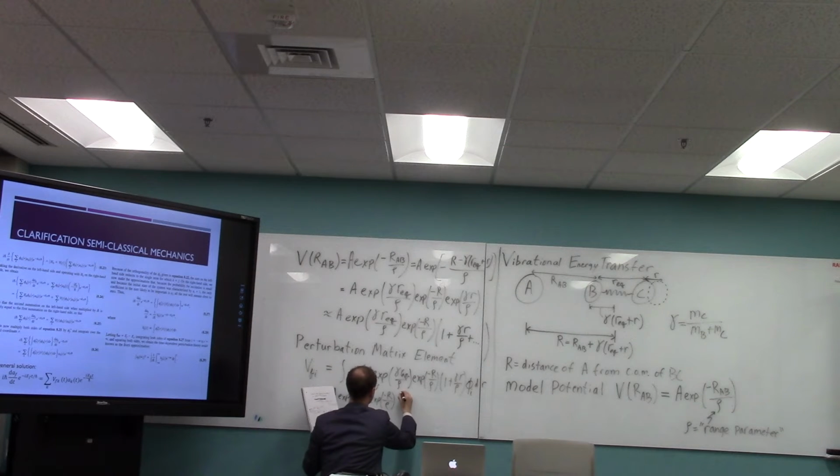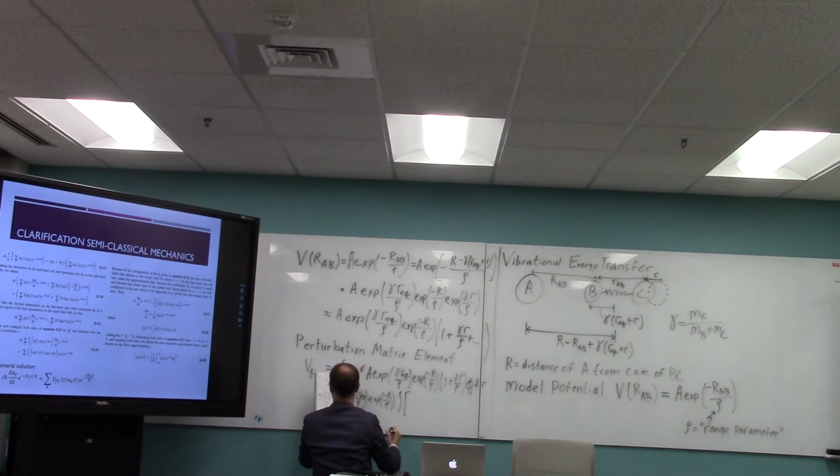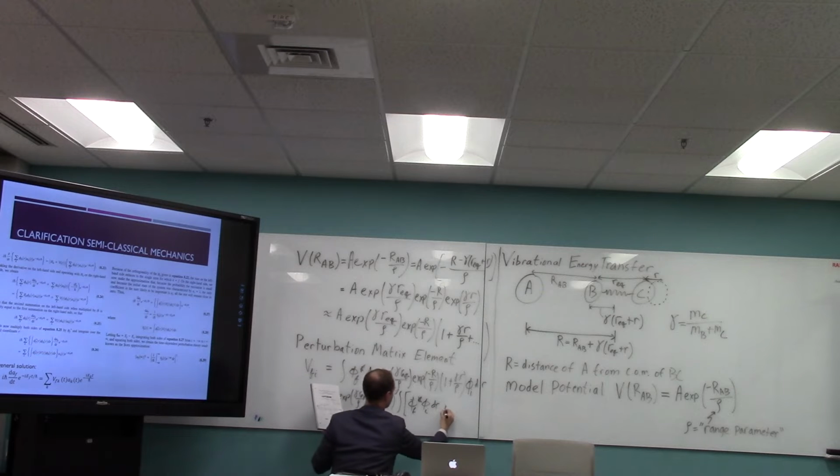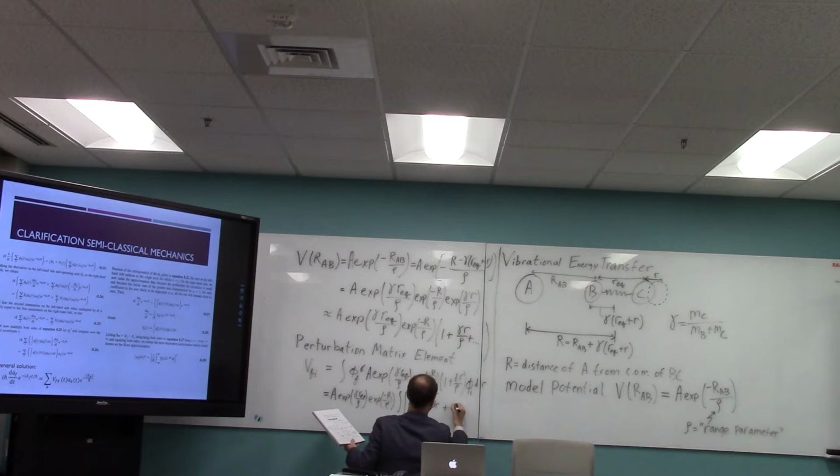And then we're going to get an integral, so there's two terms remaining here. So we're going to get psi final star times psi initial dr, and then we're also going to have a term that goes as gamma over rho, psi final star, r, psi initial, dr.